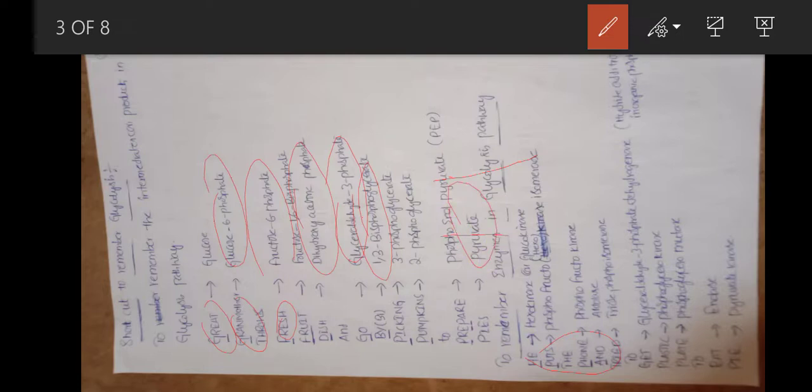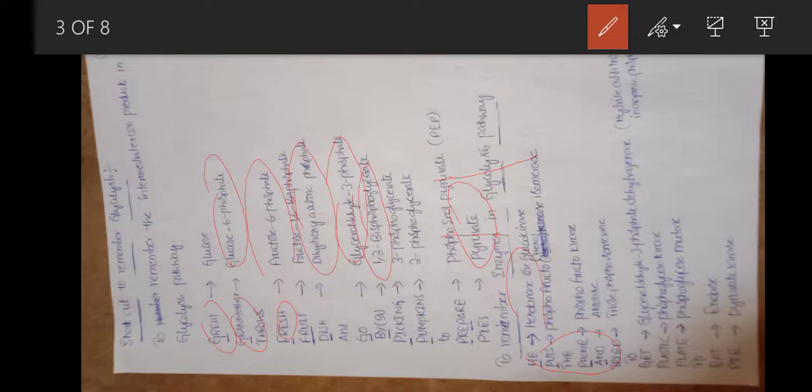Next, to remember the enzymes, H is hexokinase. Next, P is either phosphohexokinase or isomerase. Here glucose 6 phosphate converts into fructose 6 phosphate, so it is isomerase, phosphohexoisomerase or phosphoglucoisomerase.